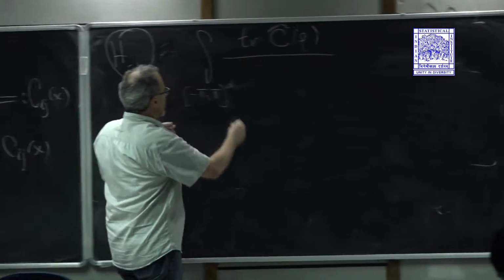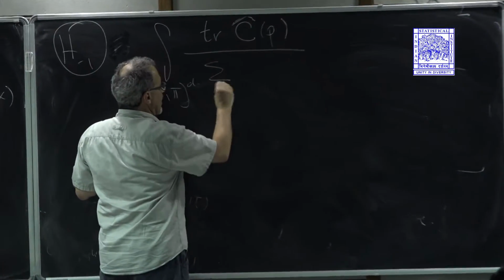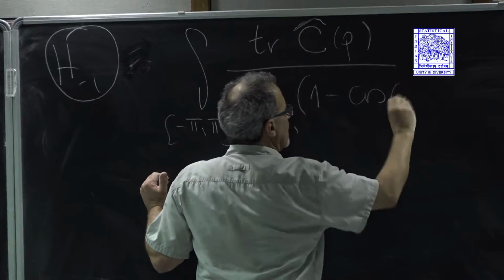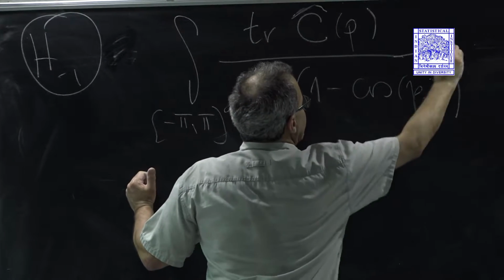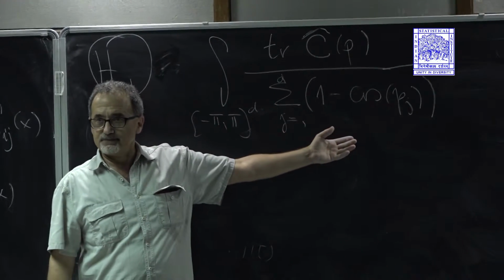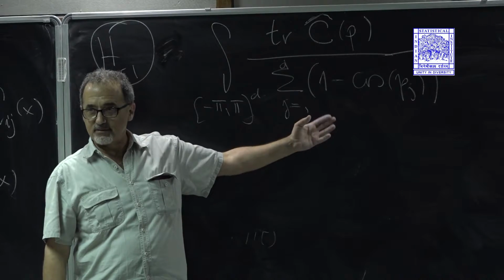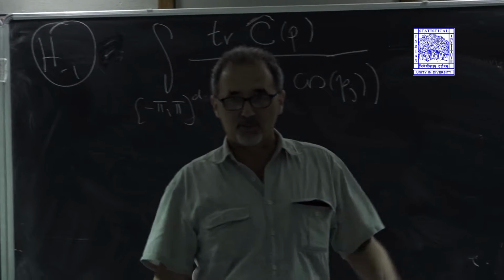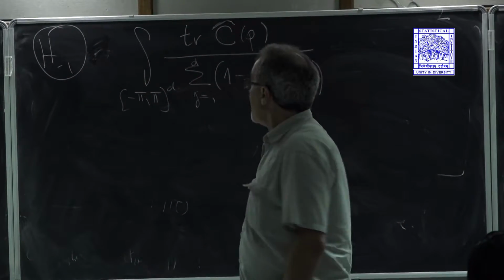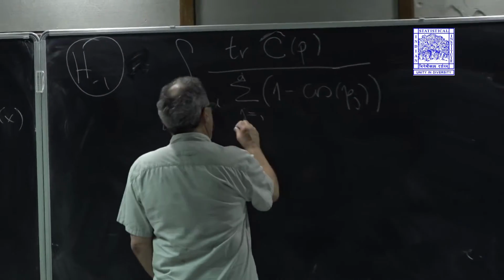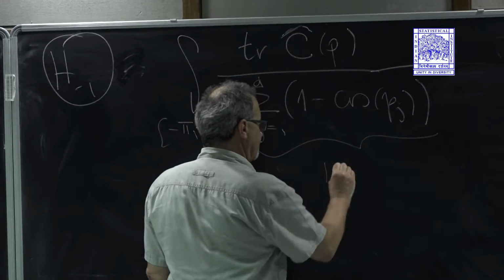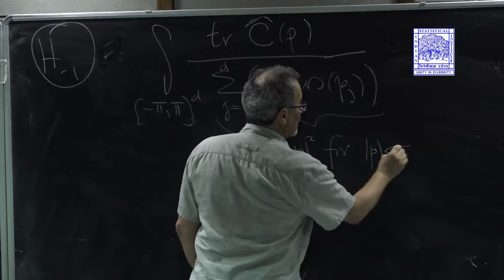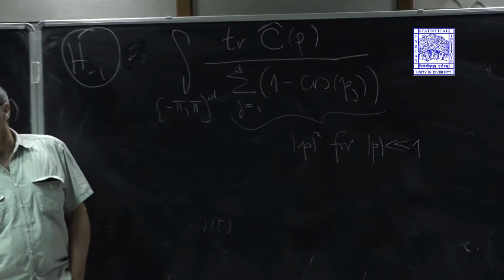P squared is the sum over j from 1 to d of 1 minus cosine of p_j. So this is the lattice Green's function, that's important. It's the Fourier transform of the inverse of the lattice Laplacian. Mind that this behaves like p squared for p small, around 0.